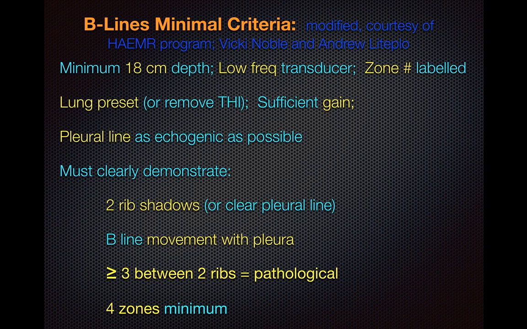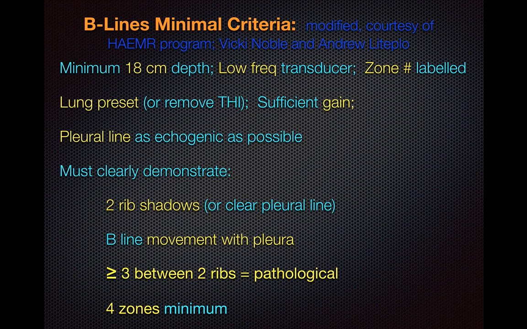The minimum criteria we should go over is that you need sufficient depth in your scanning, so you need to use a low-frequency transducer. You should label the zone number that you're scanning. You should ideally use a lung preset, or at minimum, remove tissue harmonic imaging or any post-processing capabilities your machine has for getting rid of artifacts, because we're very interested in artifacts in this case.